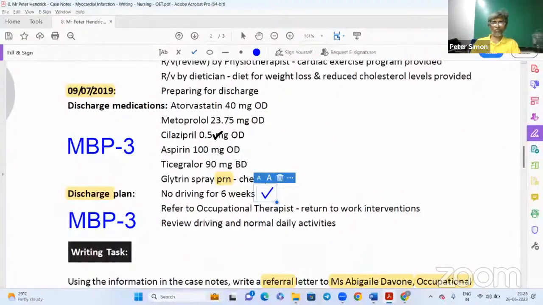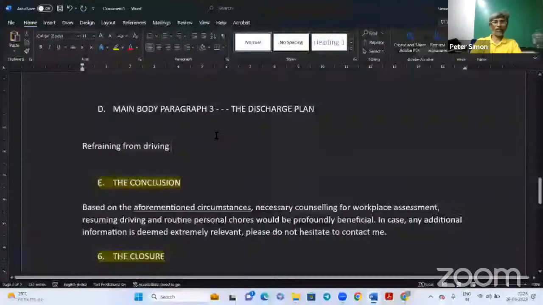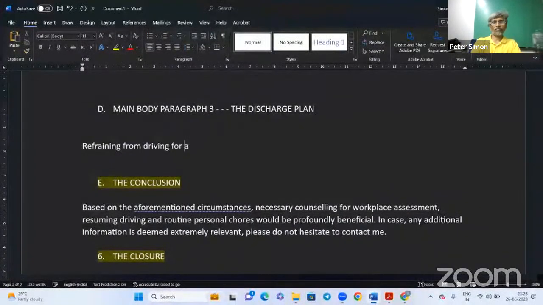He is prohibited from driving for 6 weeks. 6 weeks you can change into 3 fortnights. So refraining from driving for a period of 3 fortnights is recommended.